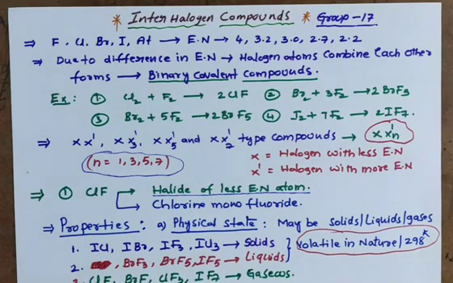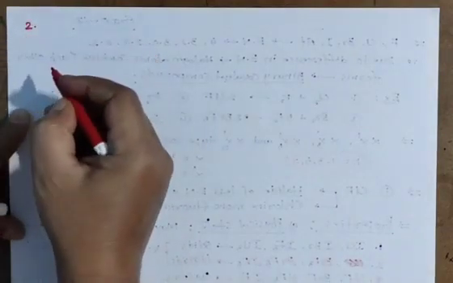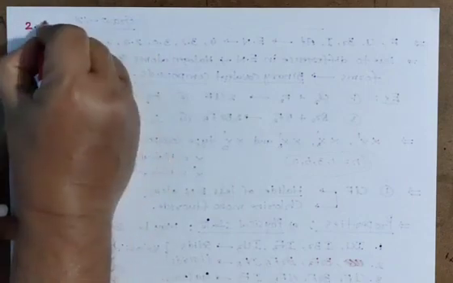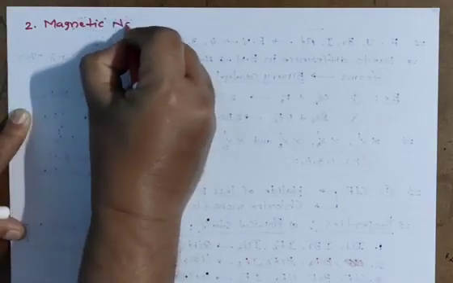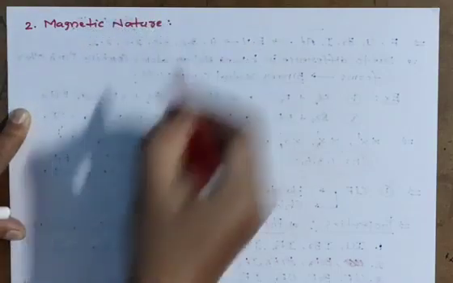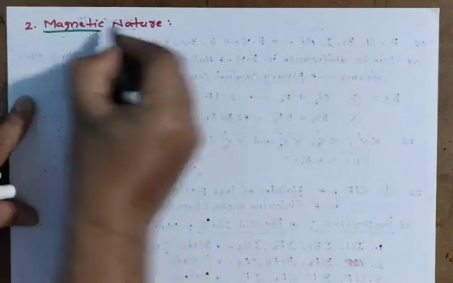Now, a very important property I am going to give you. The second property I am showing to you is magnetic nature. Magnetic means generally we are discussing diamagnetic and paramagnetic.